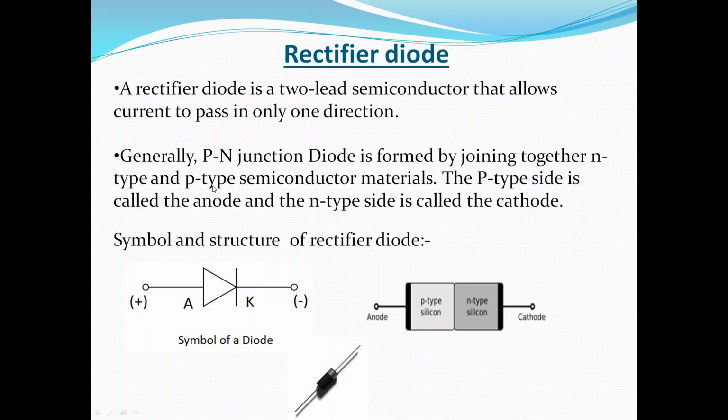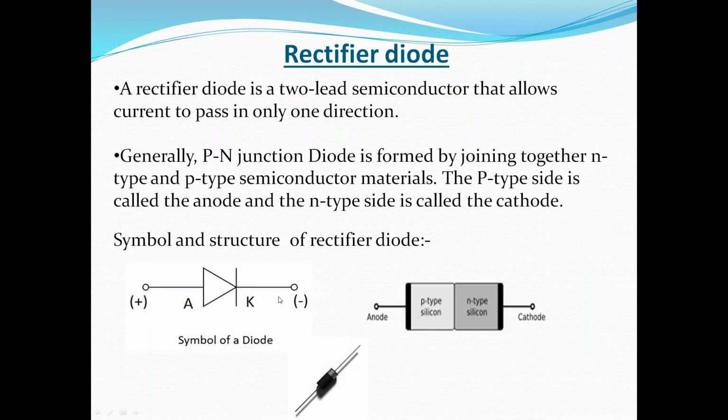Generally, a PN junction diode is formed by joining together n-type and p-type semiconductor material. The p-type side is called the anode and the n-type side is called the cathode. So students, this triangle represents the P side. This standing line represents the depletion layer.